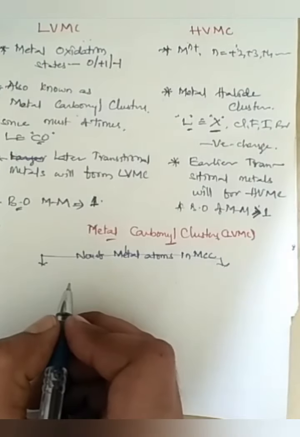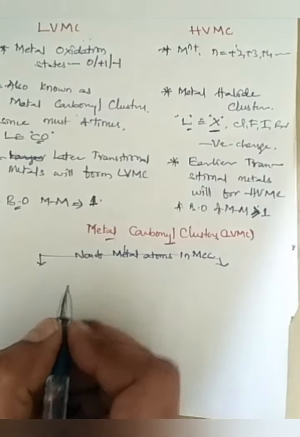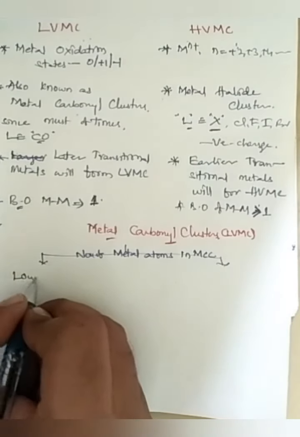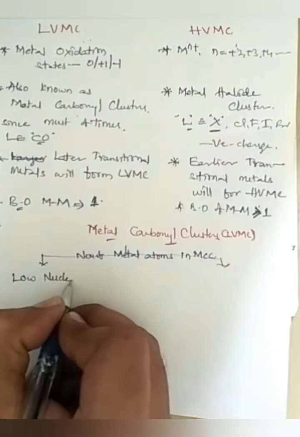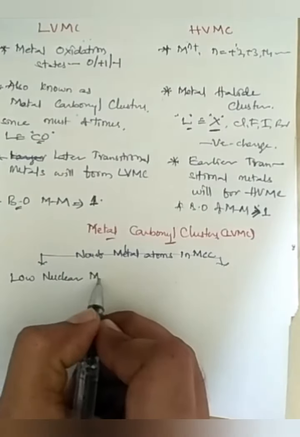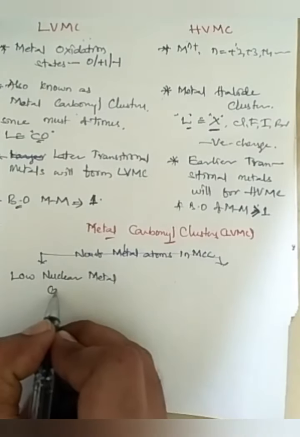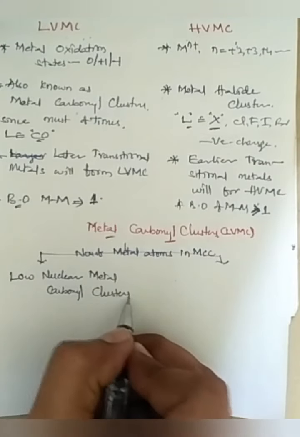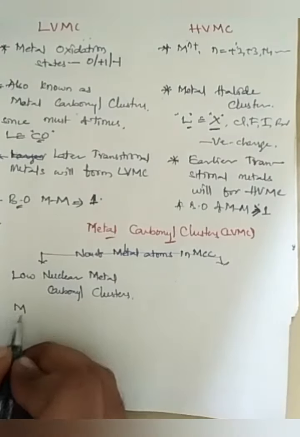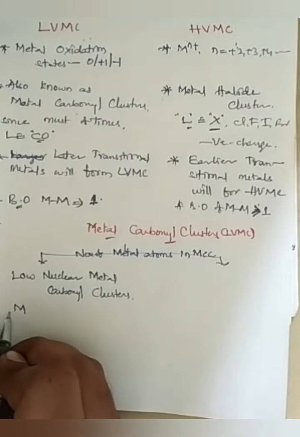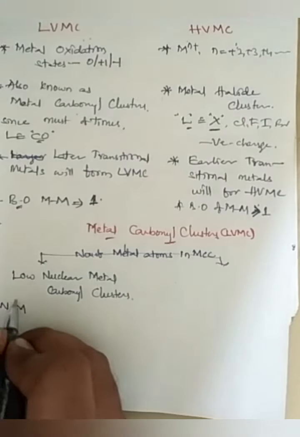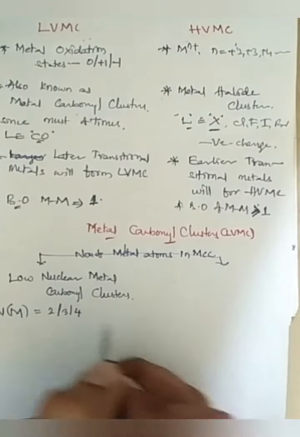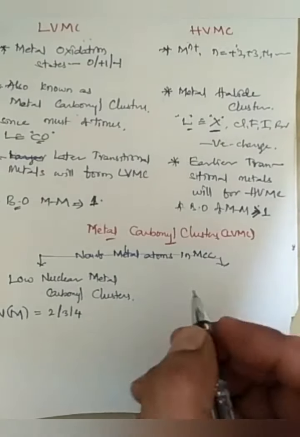When the number of metal atoms is restricted to 4, then they will be called low nuclear metal carbonyl clusters, where the number of metal atoms will be 2, 3 or 4, right?